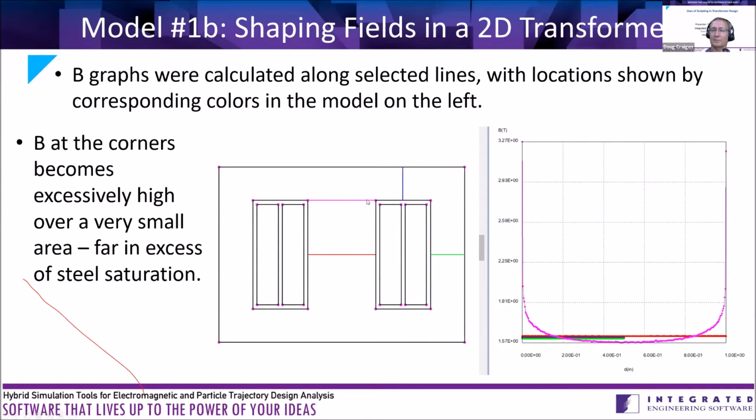But then across the middle here, that's where things get interesting. The flux is bending away, so it's a lower field in the middle than what it is along uniform parts of the geometry, but as we come into these corners, as mentioned, it starts to rise and gets very high.